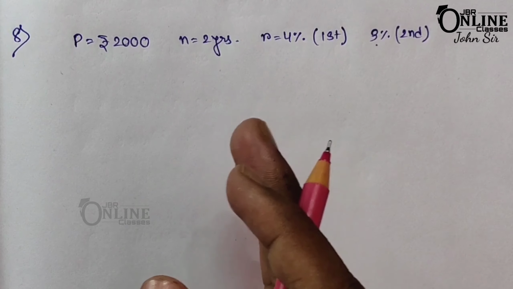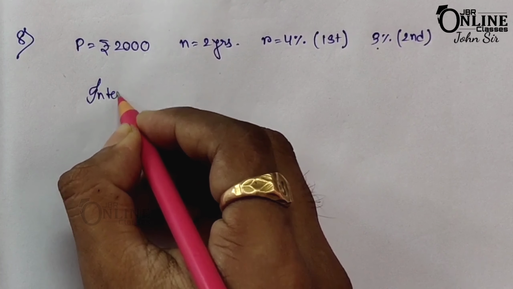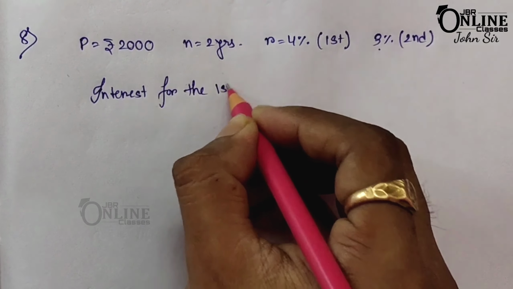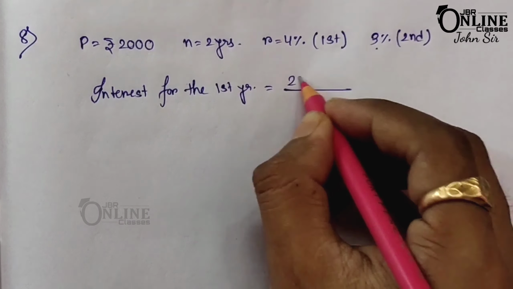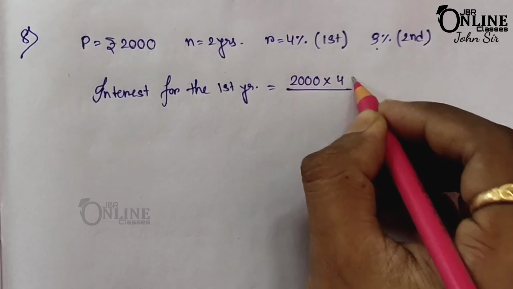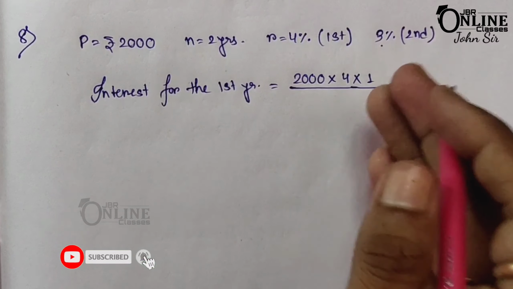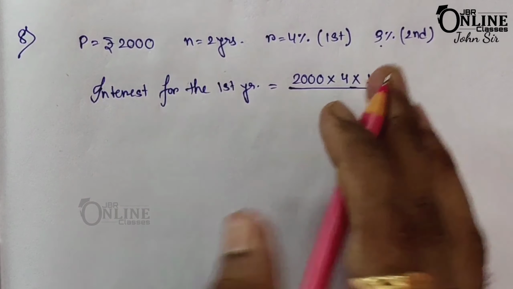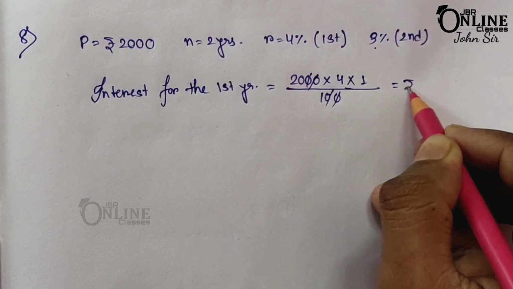So for the first year, first you have to find out the interest. You have to apply the formula PRT by 100. R is 4 for the first year, and then T will be 1, because you have to calculate the interest for the first year. Then PRT by 100 will be rupees 80.